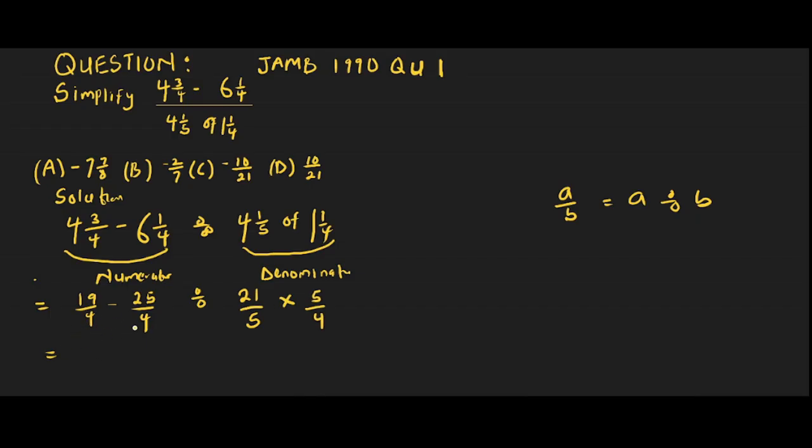Now, so here we deal with this. They have the same denominator, so it's the same thing as saying 19 minus 25 will give us minus 6 all over 4, divided. Here 5 will cancel out, 5 will cancel out, 1, 5 goes here 1. So here we are left with 21 over 1 times 1 over 4.